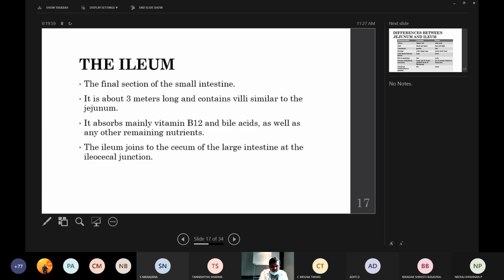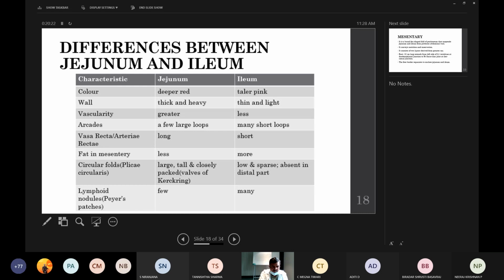Then coming to the ileum, the final section of the small intestine. It is about 3 meters long and contains villi similar to the jejunum. It absorbs mainly vitamin B12 and bile acids as well as any other remaining nutrients. The ileum joins the cecum of the large intestine at the ileocecal junction.